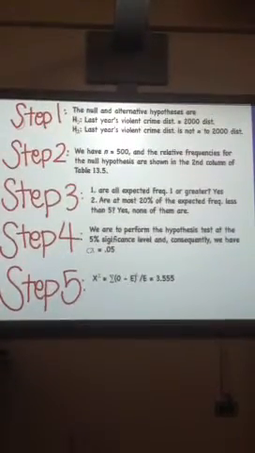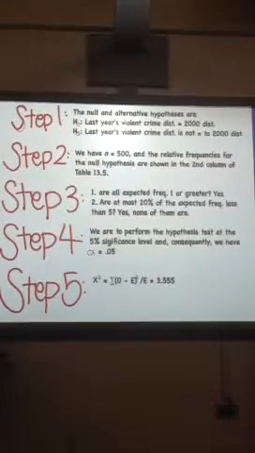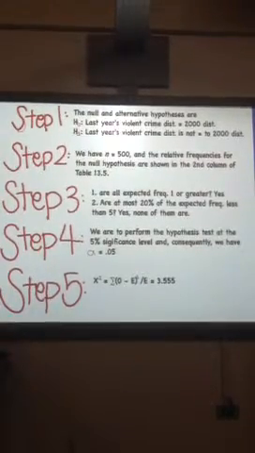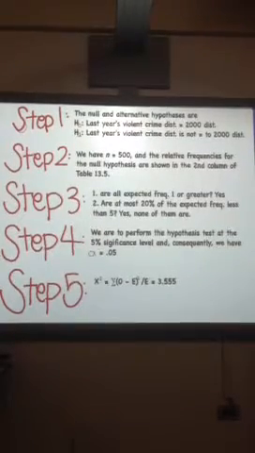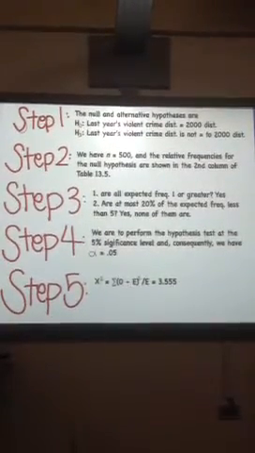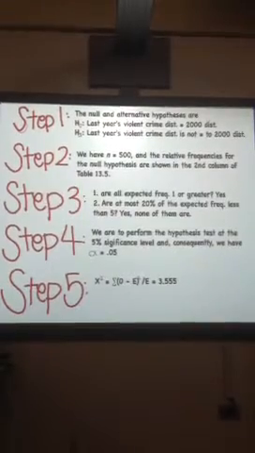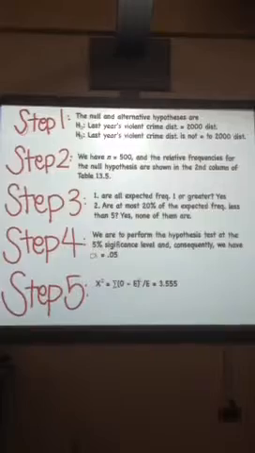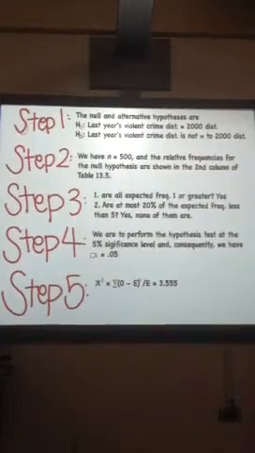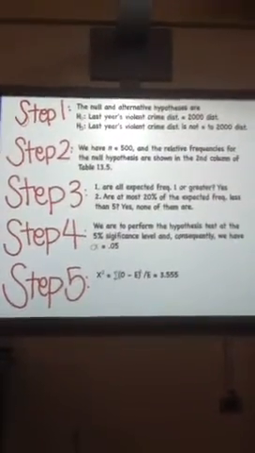Step 4. We are able to perform the hypothesis test at the 5% significance level, and consequently, we have alpha equals 0.05. Step 5. Chi-squared equals sigma (O minus E) squared divided by E, which equals 3.555 in this case.